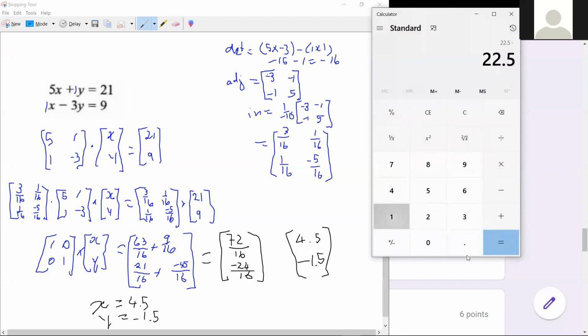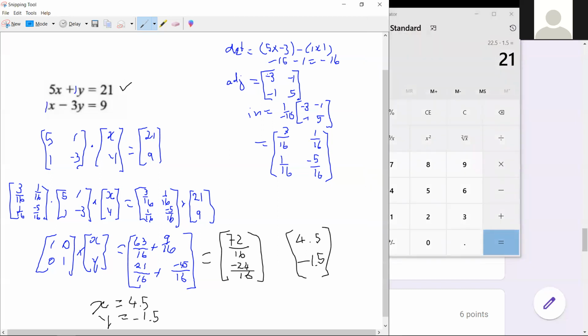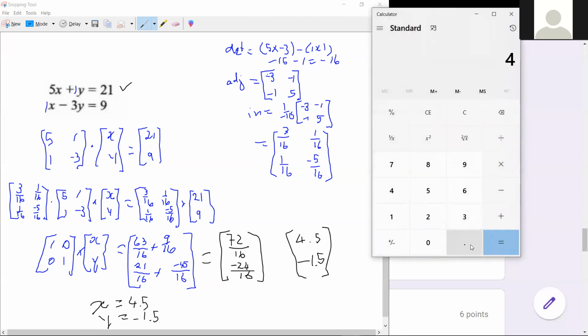Minus the y, which is 1.5, that gives us 21, which is correct for number 1. And you can also try it with the second one, and you will see if you can get the same answers that we have. So for the second one, it's basically 4.5 minus, right? And the minus is 3 times minus 1.5.